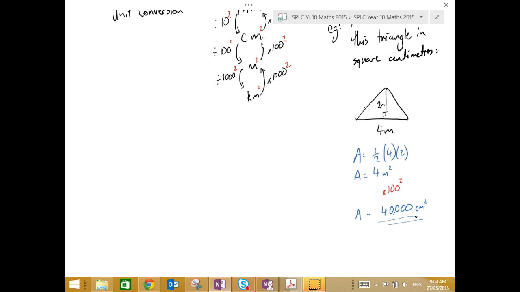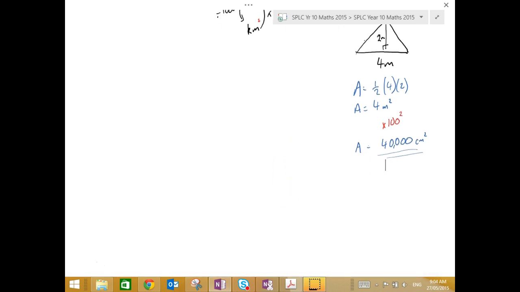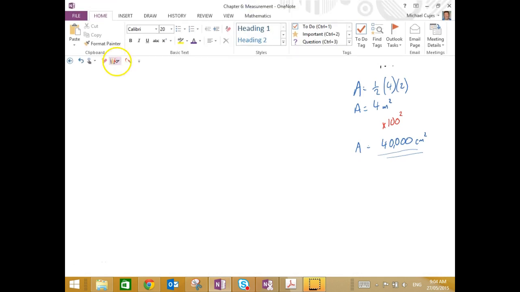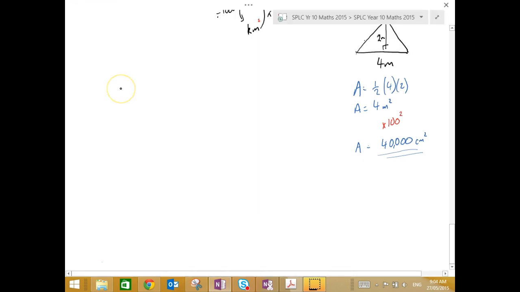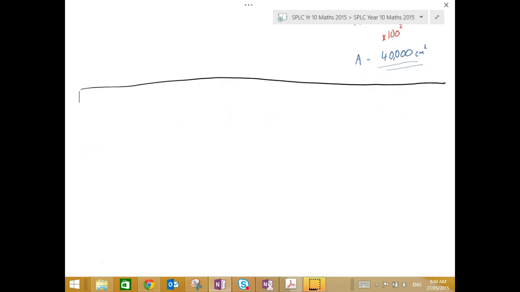Your calculator is of no use to you for those questions, unless you go 4 times 100 times 100. There are calculators that do unit conversion, just not yours.